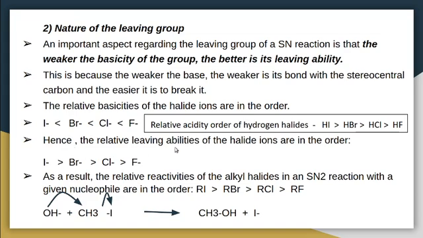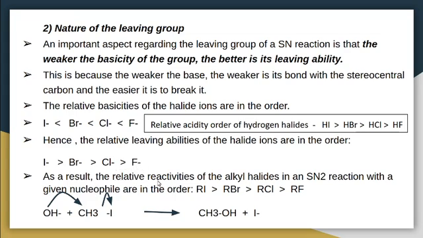Hence the relative leaving abilities of the halide ions are in the order: just the reverse order of the basicity. I minus ion has better leaving ability compared to bromide ion, which in turn has greater leaving ability than chloride ion and fluoride ion.